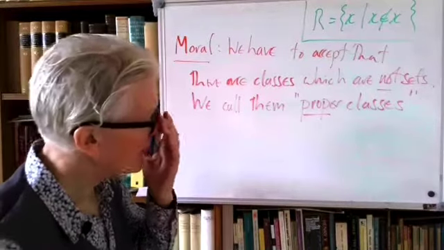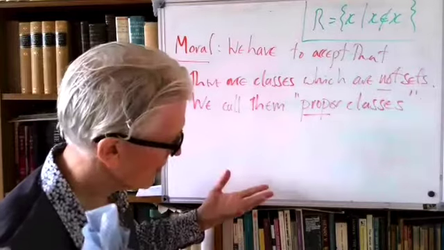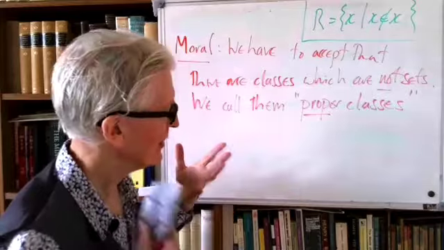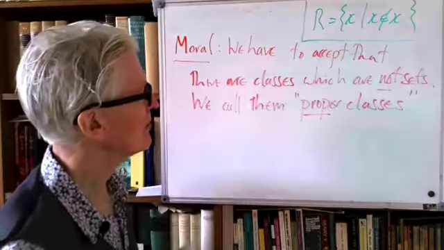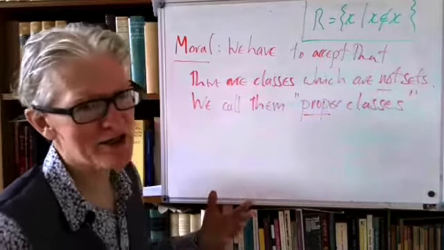The early people thinking about set theory realized that they were going to have proper classes, but they also wanted to axiomatize sets.